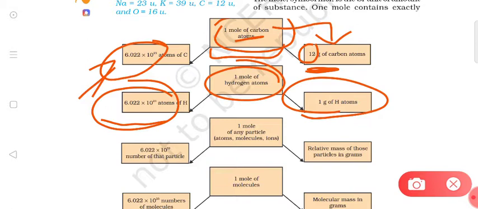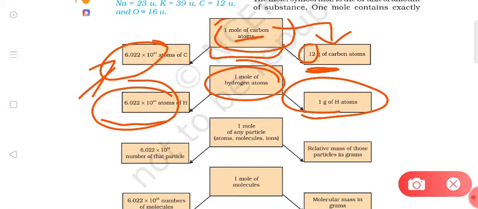How did we reach this conclusion? We know that atomic mass of hydrogen is 1 u, so we will change the unit from u to g, right. So 1 gram of hydrogen atoms means 1 mole of hydrogen atoms, right. And if we talk about 1 u hydrogen, that means only 1 atom of hydrogen.